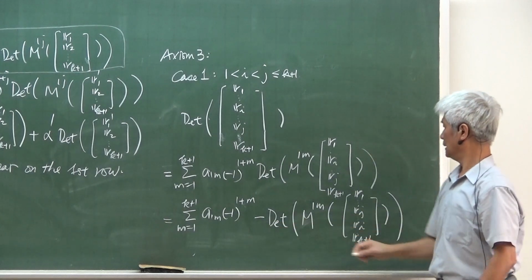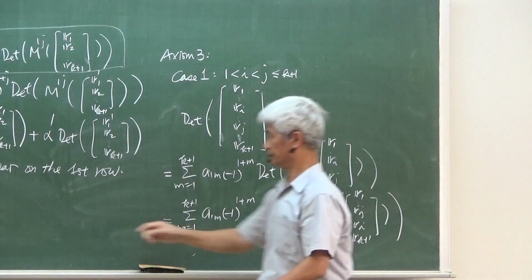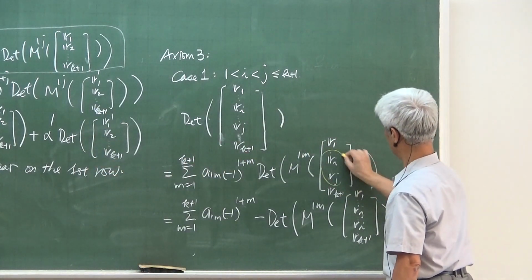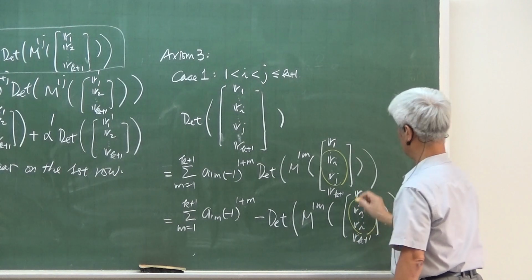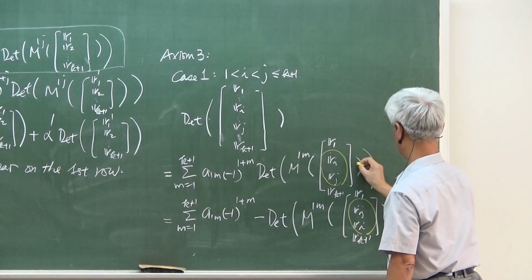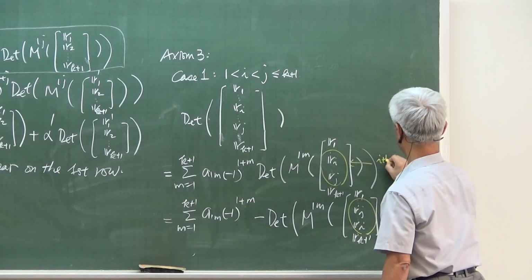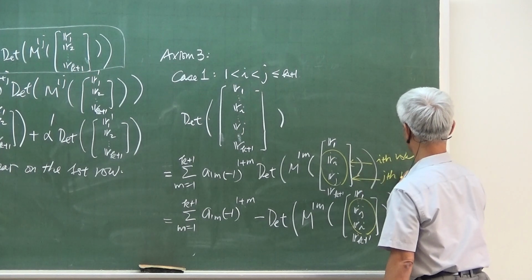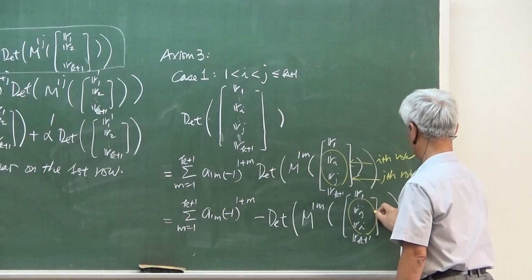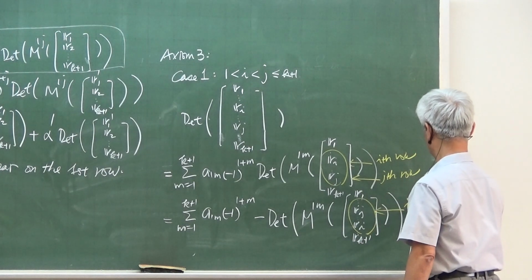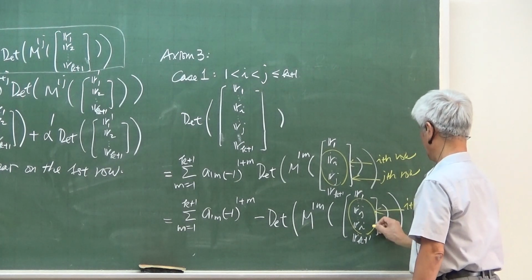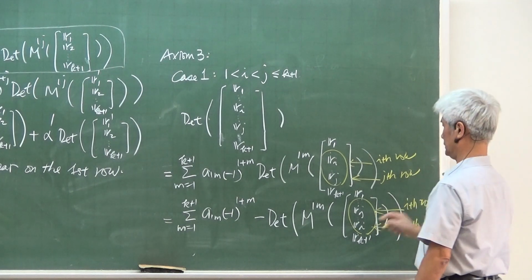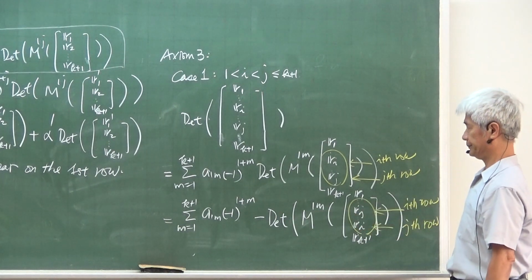Okay, so if we exchange them, so here this is the ith row, this is the jth row. Again, here this is the ith row, and this one is the jth row. So you have to change the sign here.